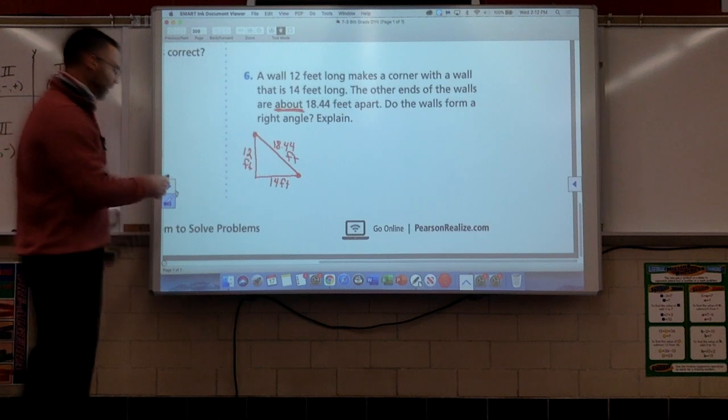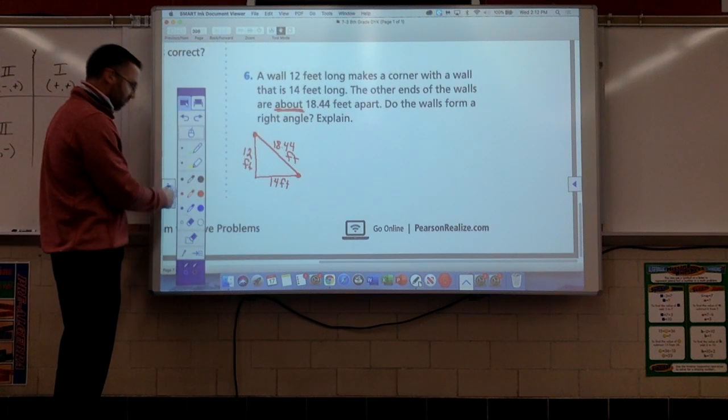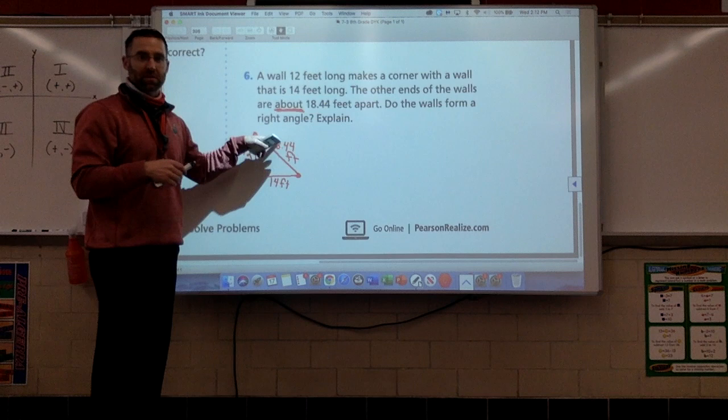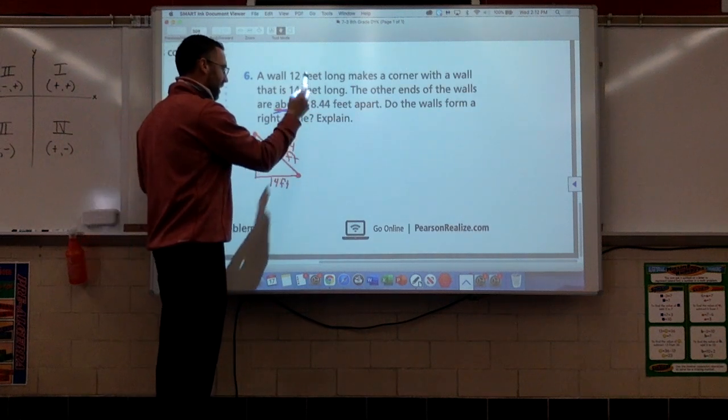Do the walls form a right angle? We need to see if a squared plus b squared equals about c squared, because it says about.